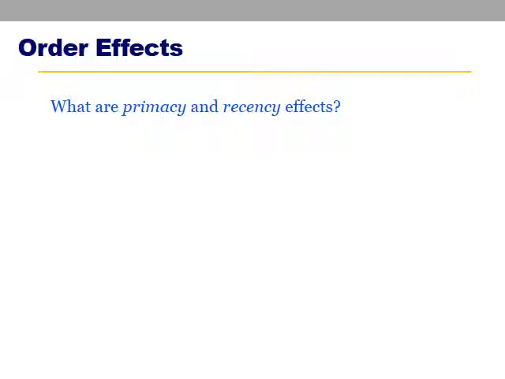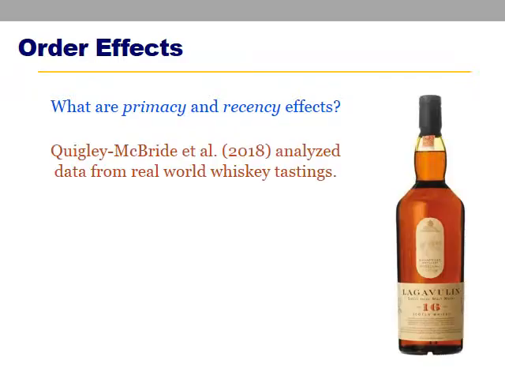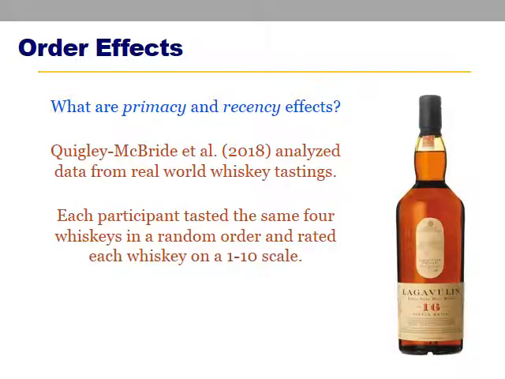The study that we're going to use for our first example asks the question, can order effects also influence people's preferences for different things? In this study, the researchers analyzed real-world data from whiskey tastings, where each participant tasted the same 4 whiskeys in a random order, and they rated each of those whiskeys on a 1 to 10 scale, where higher numbers indicated that they liked it more.